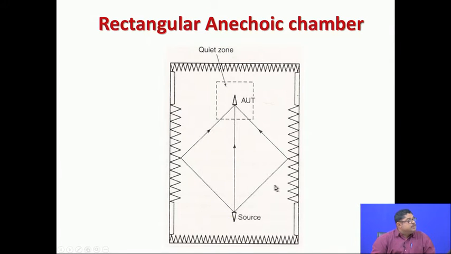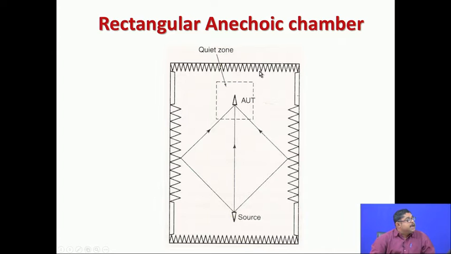If you do not consider the ground reflections, then it is called semi-anechoic, but if you have ground reflection, that is a full anechoic chamber. It can have a rectangular shape, and there is always a quiet zone created where you get good constructive interference. That quiet zone is typically 3 meter by 3 meter or 1 meter by 1 meter, etc. That is a characteristic of the chamber.